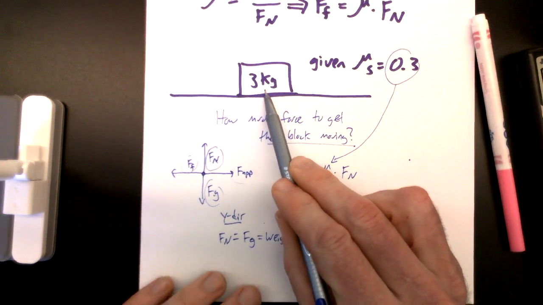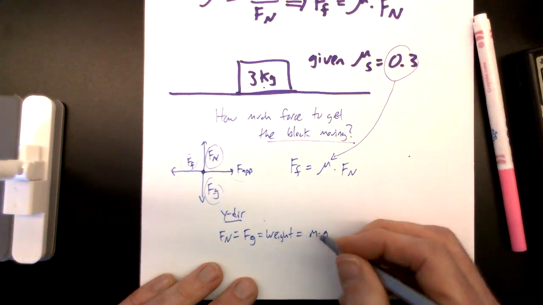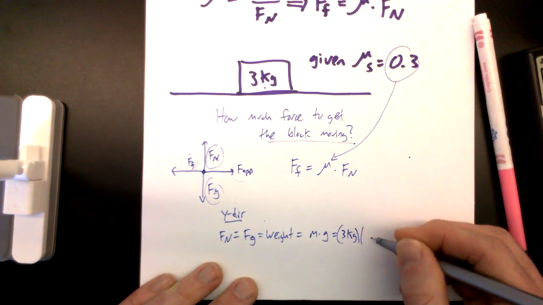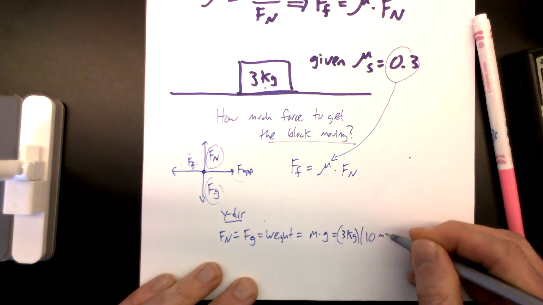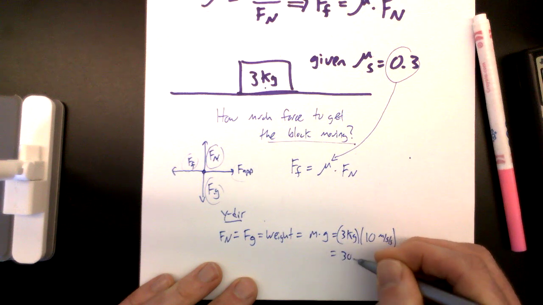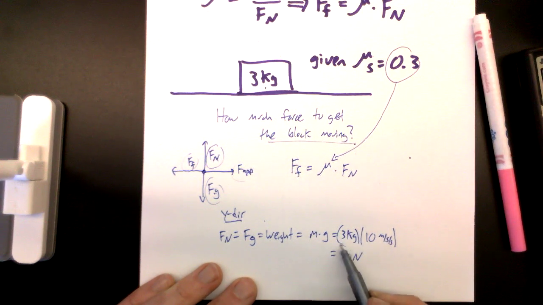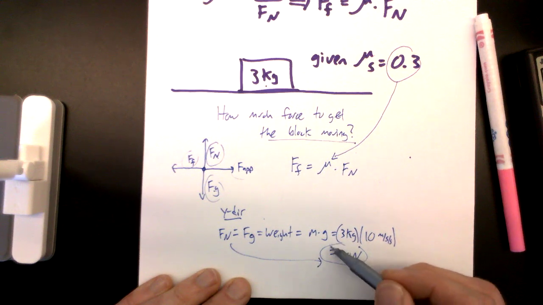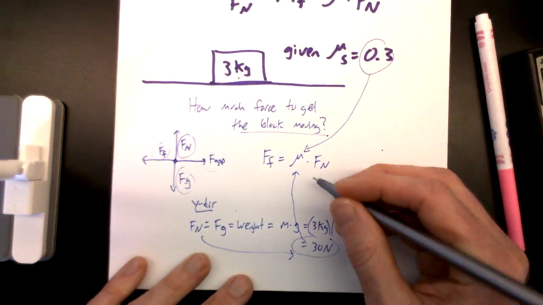I've got 3 kilograms here for my mass, so I can do 3 kilograms times g, which is 10. And remember, the units for g are meters per second squared, so I know that that's 30 newtons. This is going to give me a weight in newtons. Now I know that my normal force is 30 newtons, so let me plug that in there, and then we're basically done.